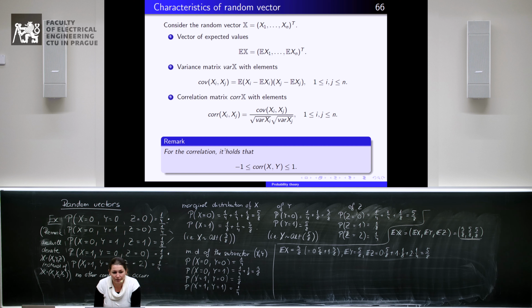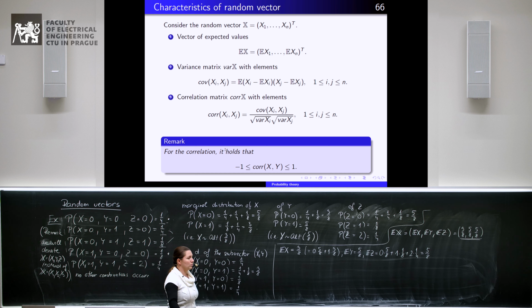The second characteristic was the variance. And the variance was, in fact, the characteristic describing how wild the random variable is, meaning what is the mean square jump of the random variable from its expected value.